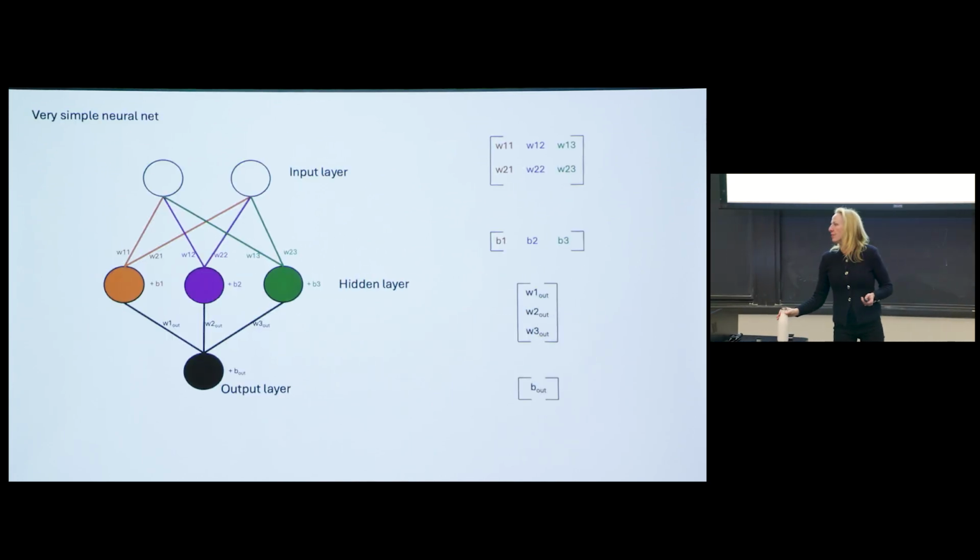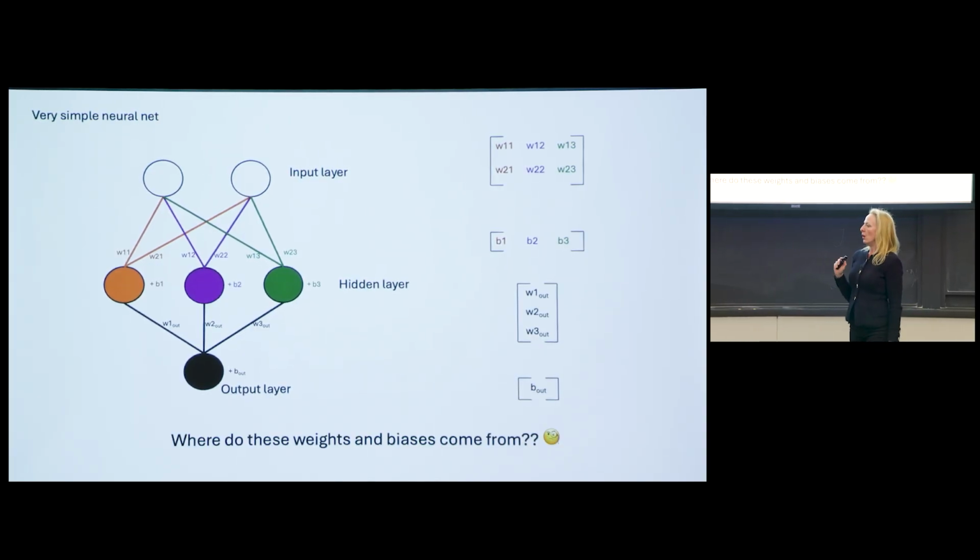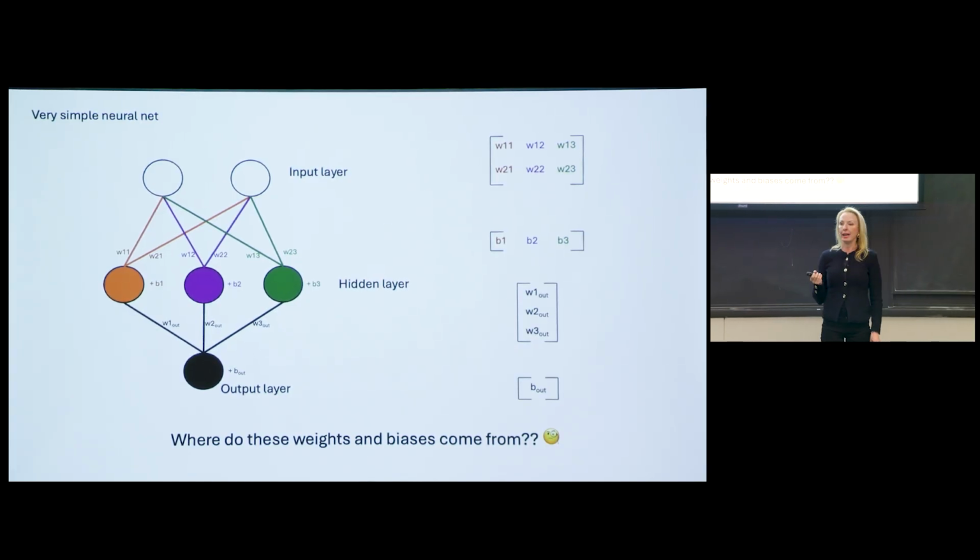To put this differently, here's a simpler, smaller neural net, but they all work the same way. Really, where do these weights and biases come from? Maybe this is a simple model, like predicting a house price or something like that. Where do these weights and biases come from? They start randomly. I'm telling you that. What happens after that random initialization?